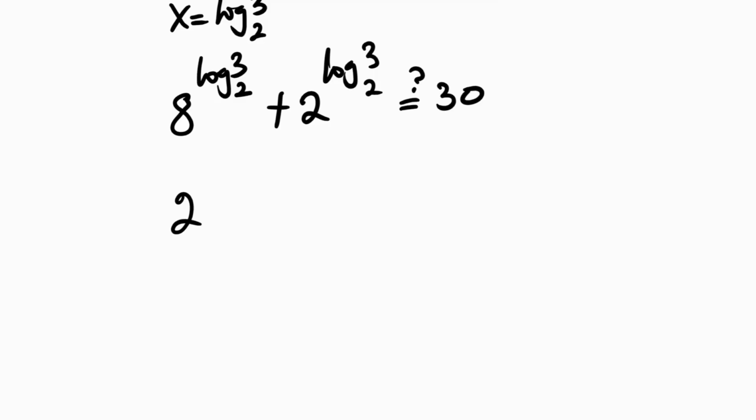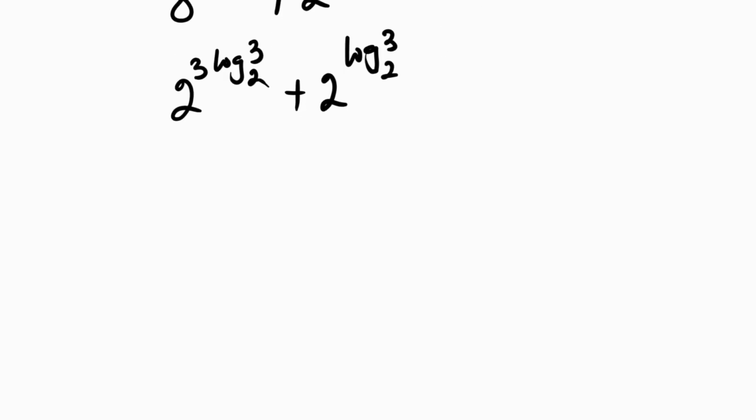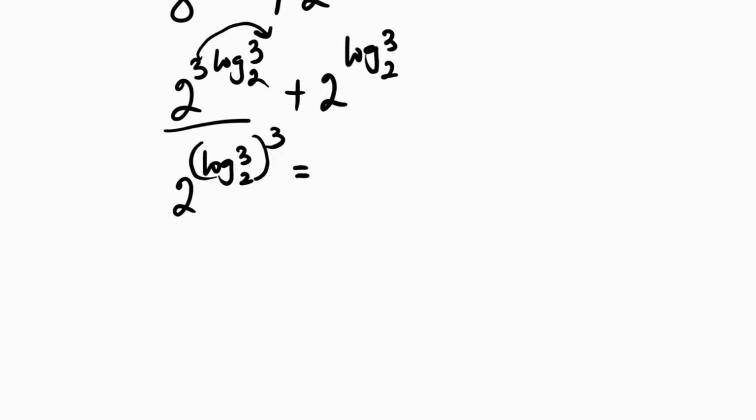8 is 2 raised to the power 3. Okay, we already know that. So this now becomes 2 raised to the power log of 3 base 2, raised to the power 3, because this goes up here, it becomes the power of 3.